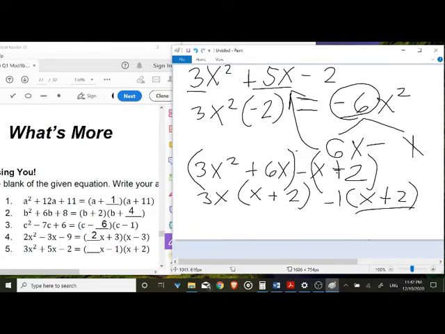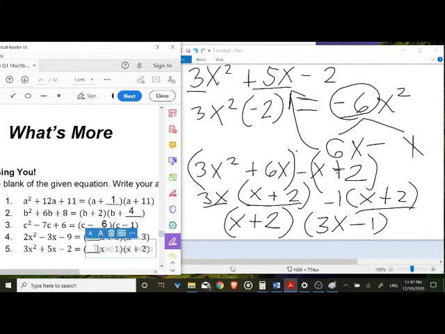Times 1 po dyan. Para paglabas natin ng x plus 2, kasi yan ang common factor, binomial factor, ang natira na lang ay si 3x minus 1. So, let us check. So, may x plus 2, tapos may blank x, so 3x minus 1. Right?